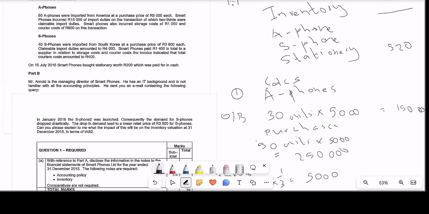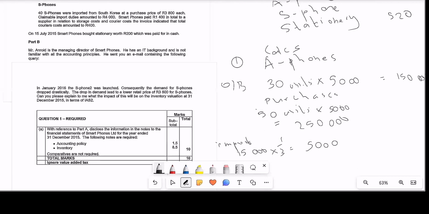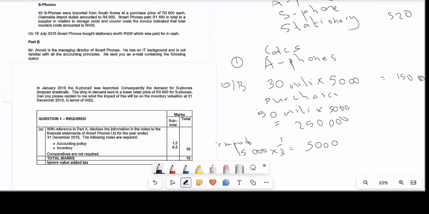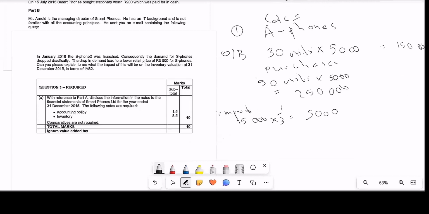So storage costs already explained to you guys, like why it's not capitalized. Then we'll be left with the courier costs of 600. So 250,000 plus 5,000 plus 600, it's gonna be 255,600.